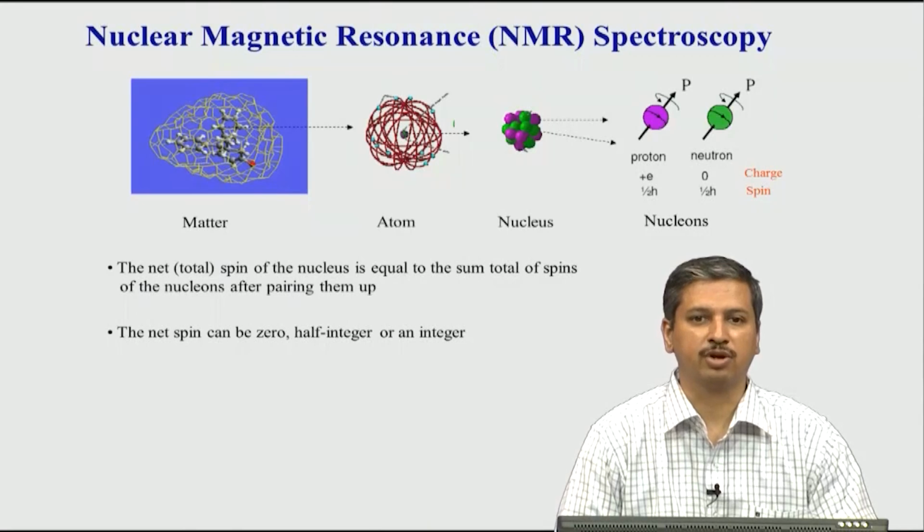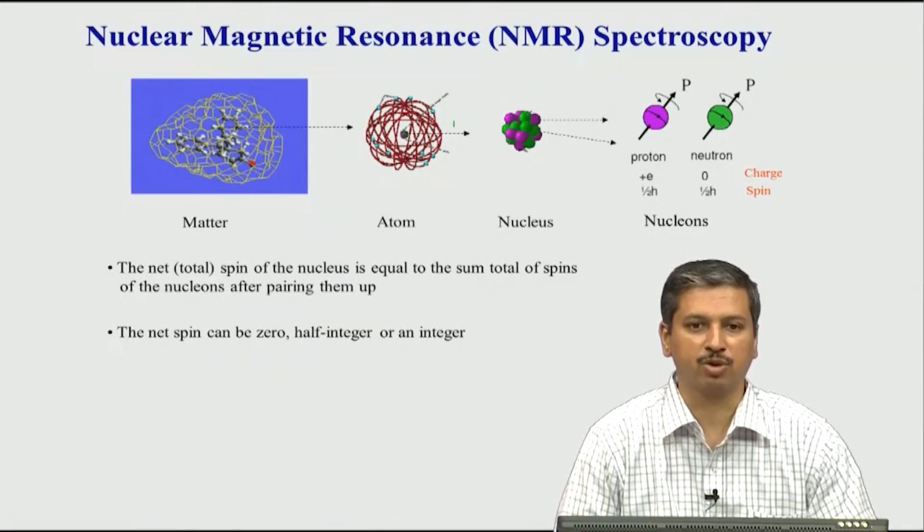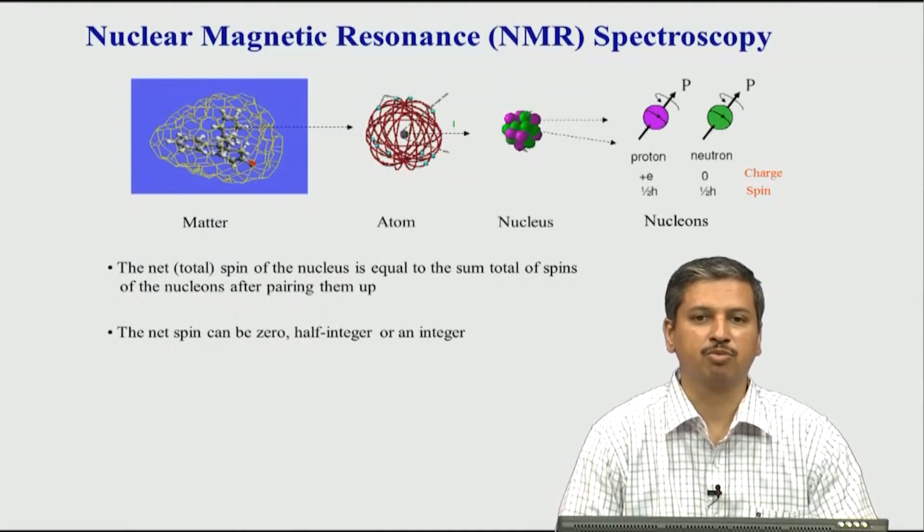The net spin value can be determined based on the number of protons and neutrons, or basically based on the atomic mass and atomic number. But what is important is that the whole technique of NMR spectroscopy relies on the nucleus having a net spin value which is not 0.